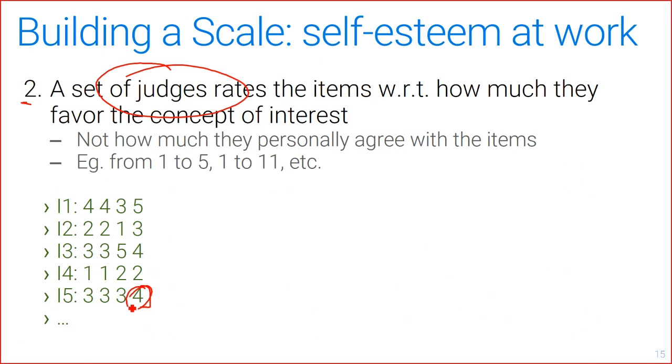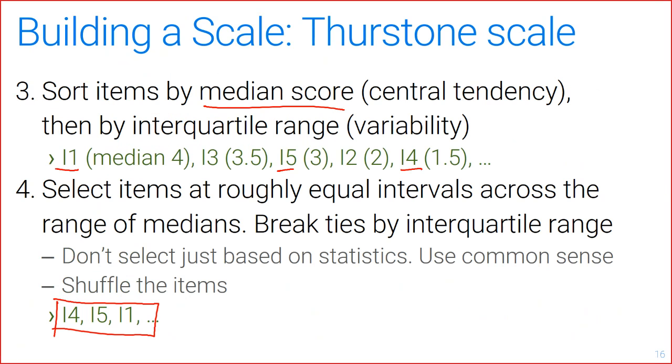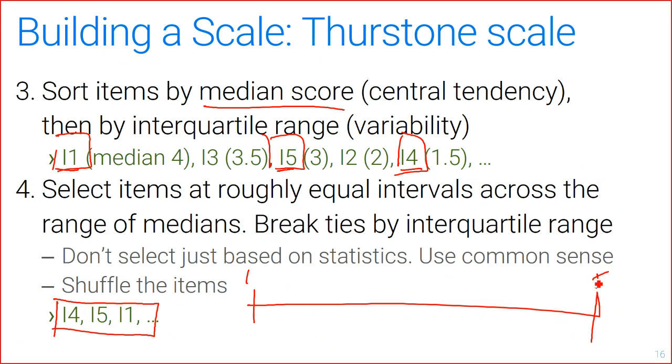The point is, when you include all the items, you should try to have something that more or less covers the whole scale.